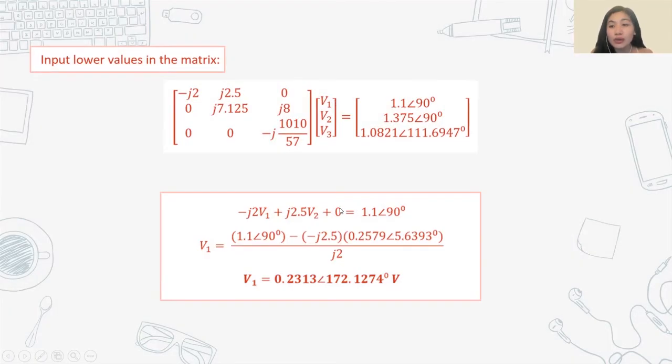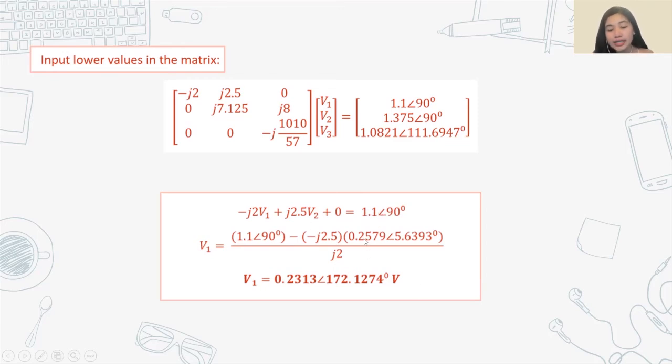Now we are solving for our V1, which is in the first row. Everything here will be multiplied to our column. So our negative J2 multiplied by V1 plus our J2.5 multiplied by V2. Even if you add 0 times V3, it has no effect, which is why there is a 0 here, and it will be equated to 1.1 at an angle of 90 degrees.